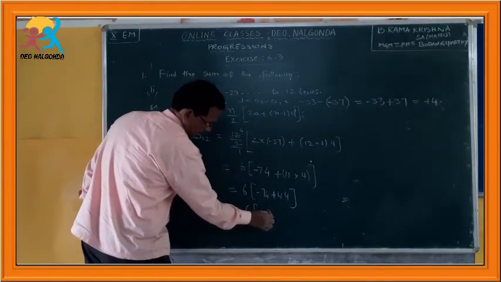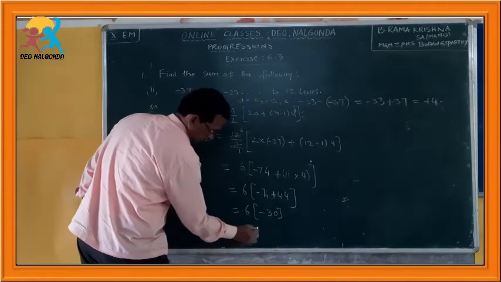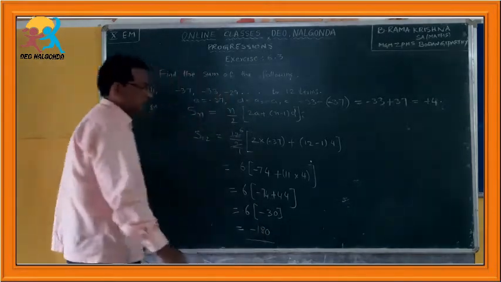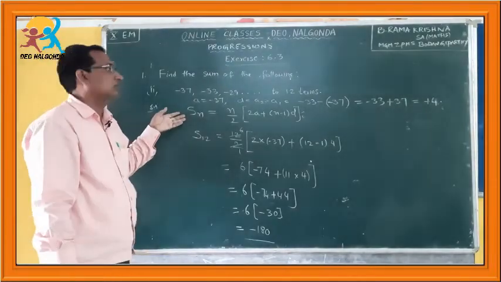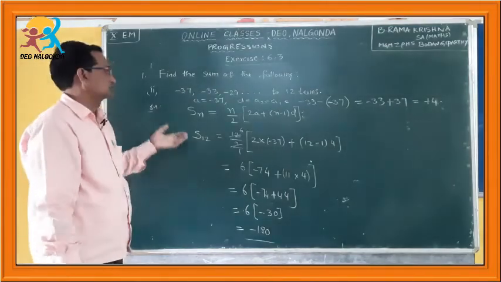How much is that? Minus 30. So finally, if you multiply these two, you get a minus sign and 180. Like this, you have to use this sum to n terms formula to calculate the sum. Okay, right.